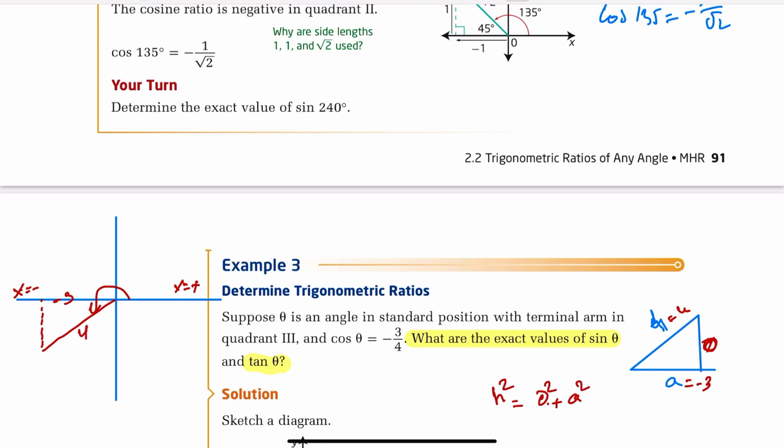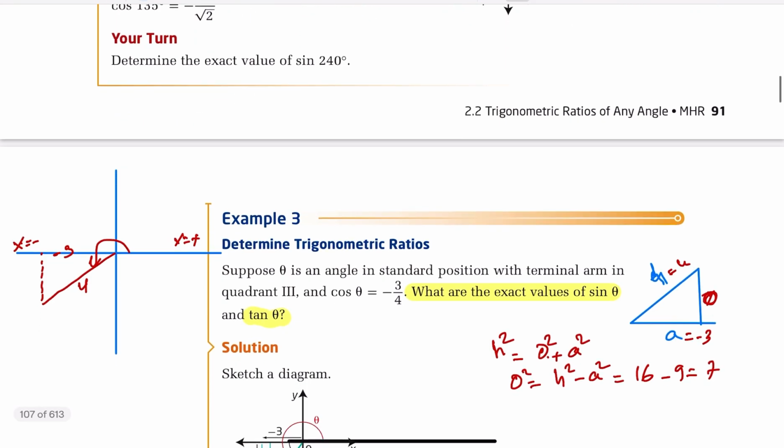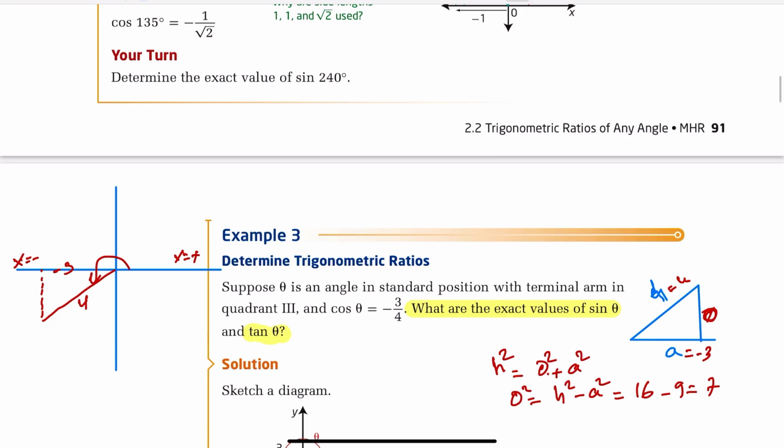So that means my opposite square is my hypotenuse square minus adjacent square, which is 16 minus 9. Minus 3 square is 9, so that gives 7. That means my opposite is square root of 7. So I know this is the square root of 7.